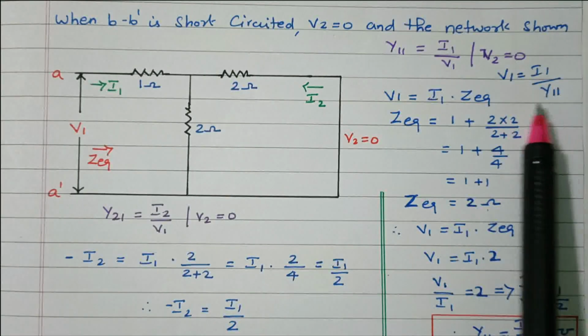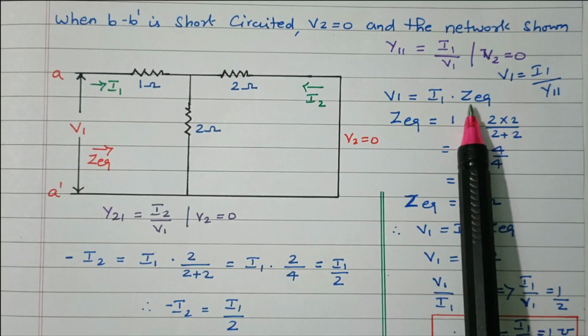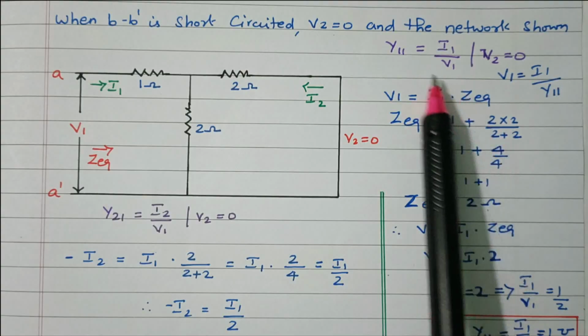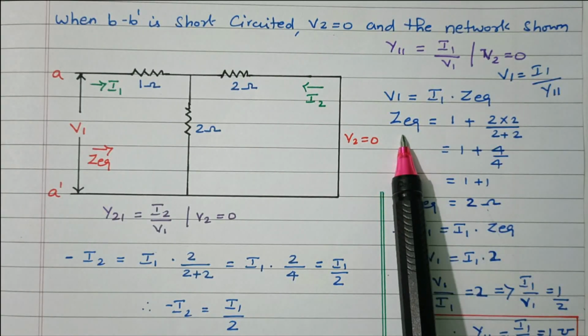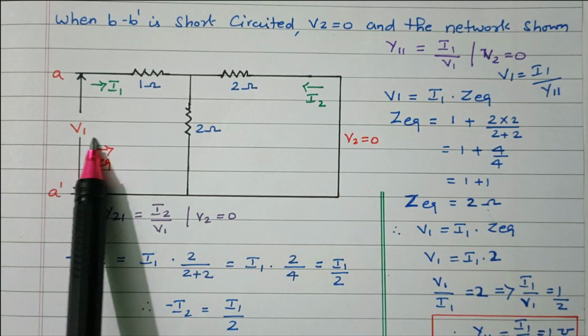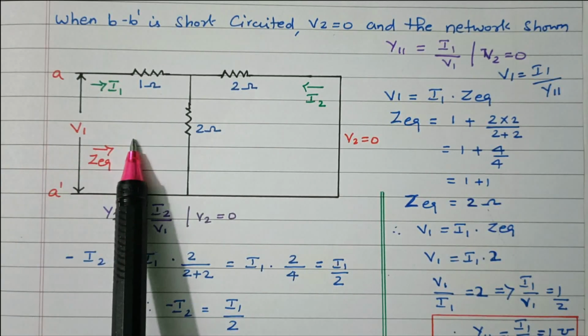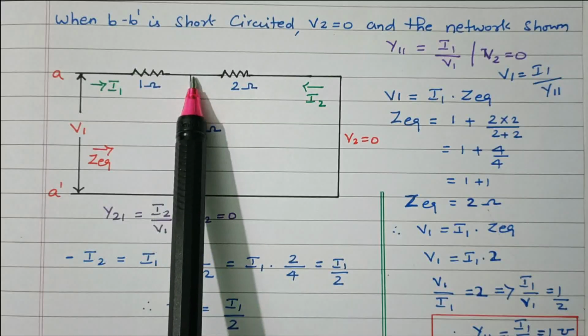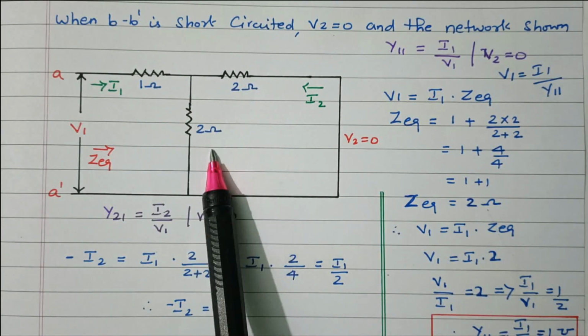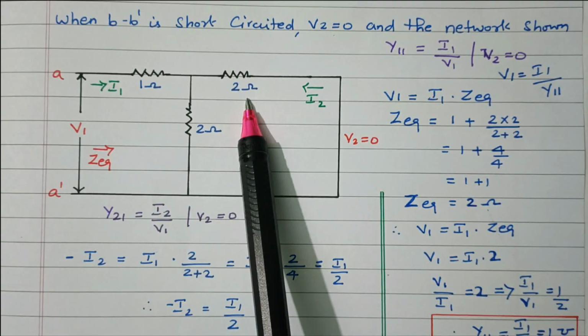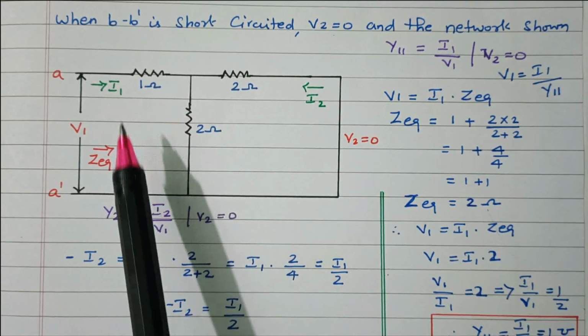That is, admittance is the reciprocal of impedance. So by calculating the impedance, we are able to find the Y11 value. What is the Z equivalent for this circuit? You have to refer from the input side. This 1 ohm is available. Here the current is diverted, that means these two are in parallel. So these two are in parallel, which is in series with the 1 ohm.